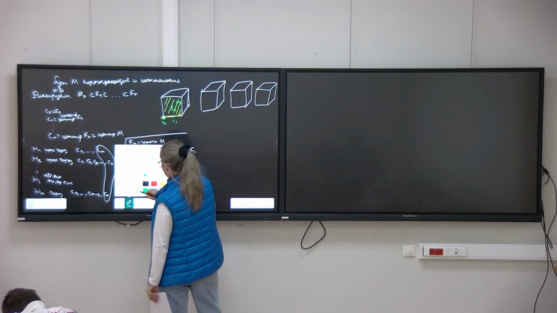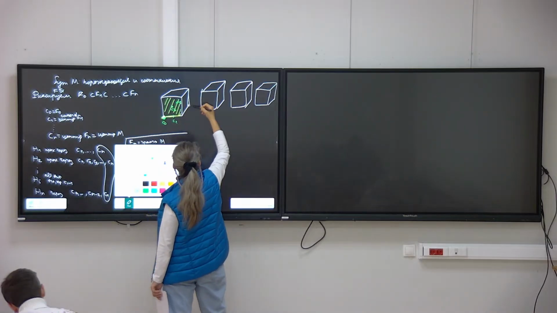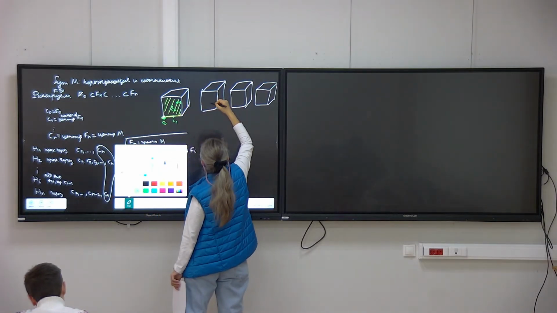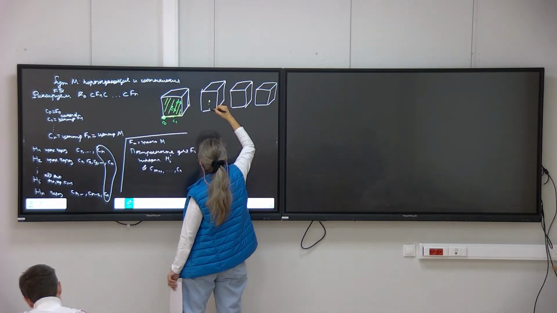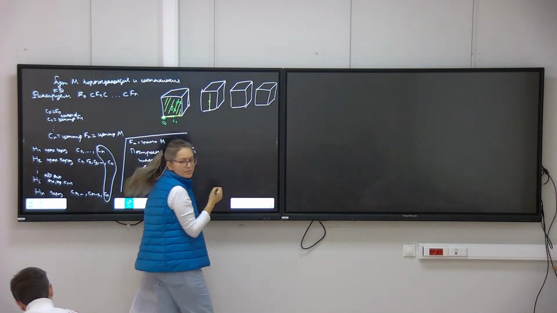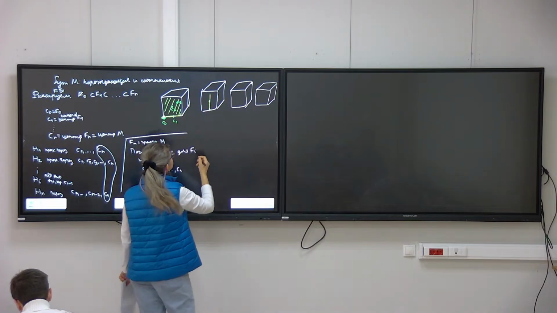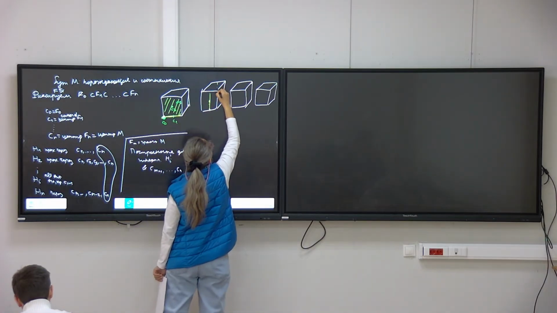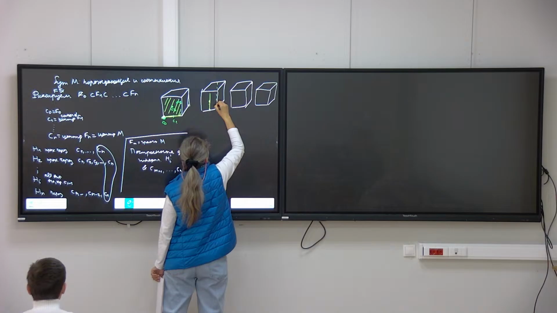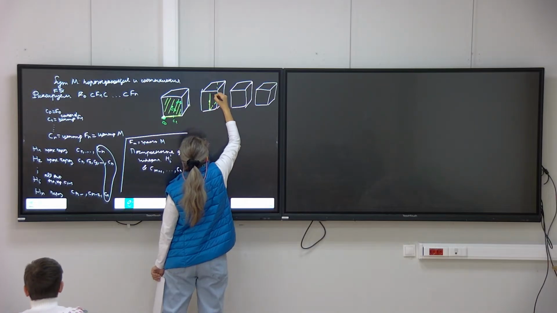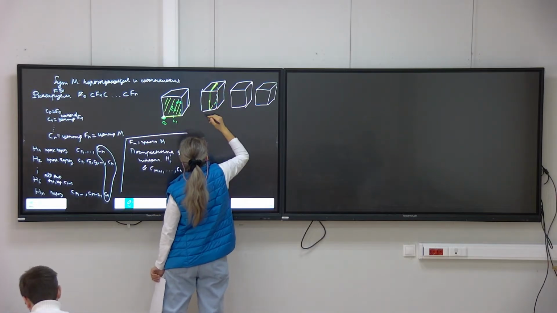Clearly, since H1 contains this point and this point, it contains all this stuff. And it contains the center, so it contains the centrally symmetric one. So this will be H1.